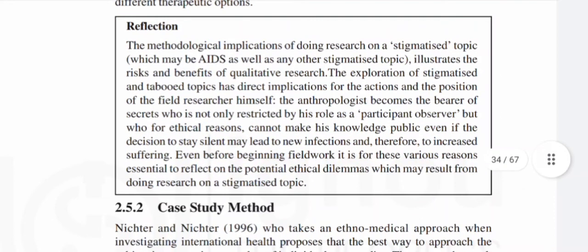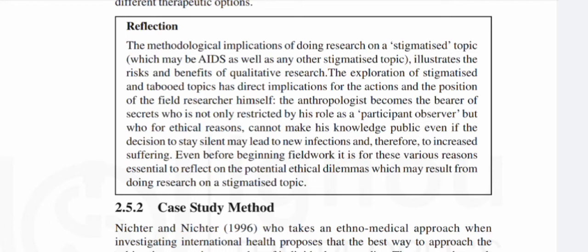Reflection. The methodological implication of doing research on a stigmatized topic, which may be AIDS, acquired immunodeficiency syndrome, as well as any other stigmatized topic, illustrates the risks and benefits of qualitative research. The exploration of stigmatized and taboo topics has direct implications for the action and the position of the field researcher himself.